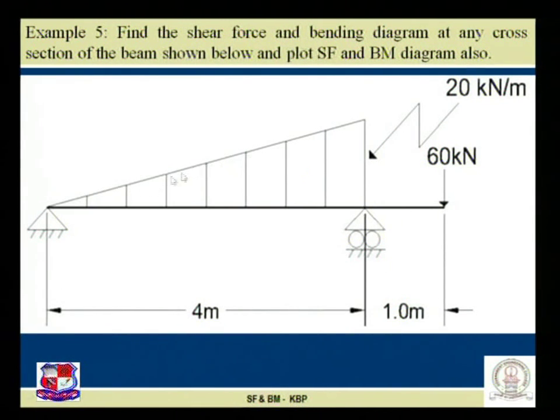So in this beam there are three reactions, one horizontal and two vertical, and our first step is to find the support reactions.